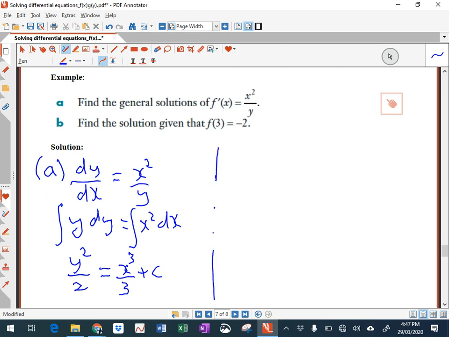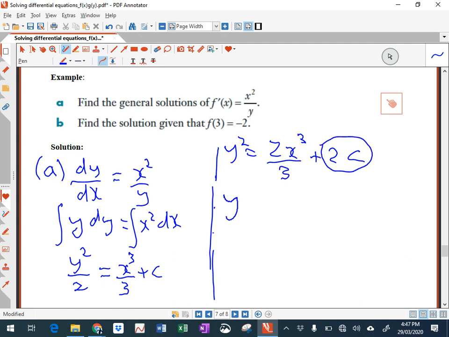Okay. All right, next part of the question is we're going to then go, well, y squared is equal to, multiply both sides by 2, 2x cubed on 3 plus 2c, and yes, I could replace this whole thing with a different constant, but I'm not going to, and then y equals plus or minus the square root of 2x cubed on 3 plus 2c.